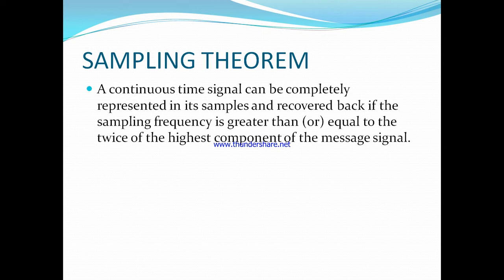That means the sampling theorem states that the continuous time signal can be completely represented in its samples, and again recovered from the samples if the sampling frequency is greater than or equal to twice the highest component of the message signal.